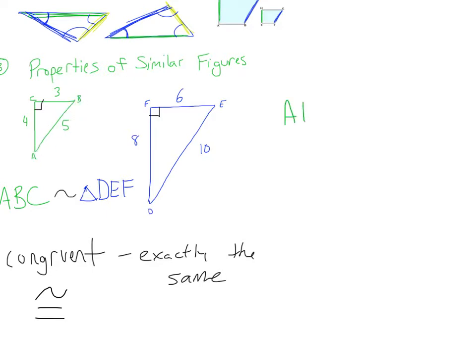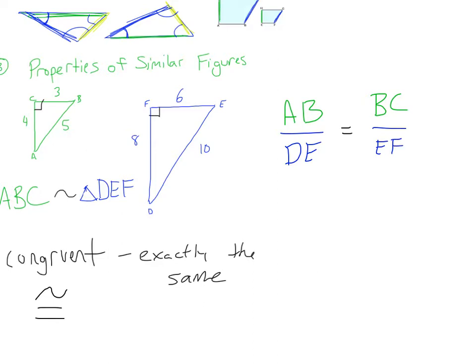The ratio of AB over its corresponding side, so AB would correspond to DE, is actually going to be equal to, pick another side from this figure that you got AB from, let's do BC, over, well, who does BC correspond to over here? EF.